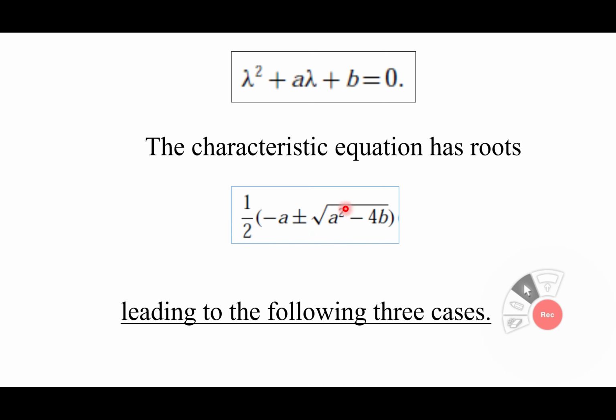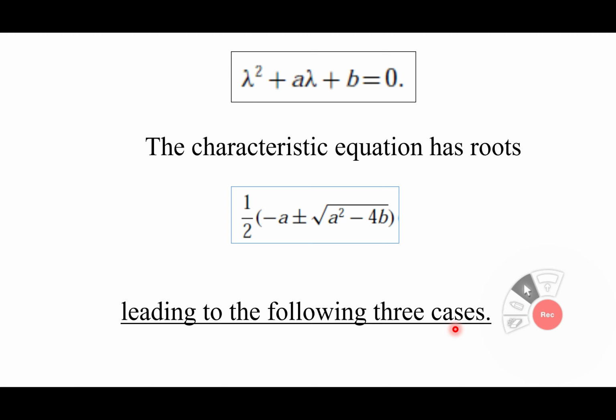This term under the radical is going to give us the three main cases for the roots, and also three different solutions for the characteristic equation. So looking at this, we have the following three cases.